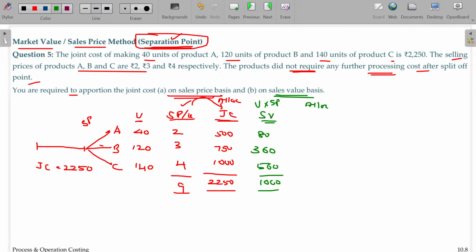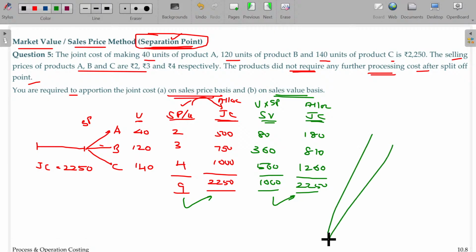Now allocate the joint cost of 2,250 using this sales value basis, that is, the sales value of these items at the split-off point. 2,250 into 80 by 1,000 is 180, 360 by 1,000 into 2,250 is 810, and finally 1,260. Clear?